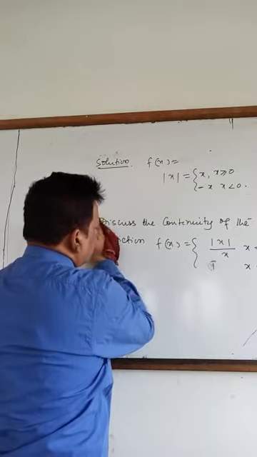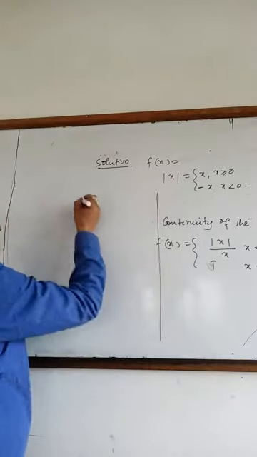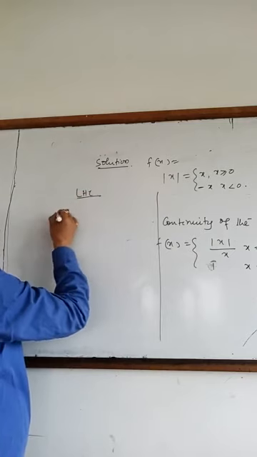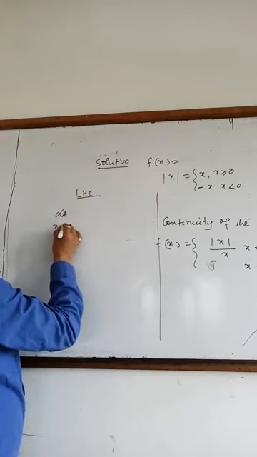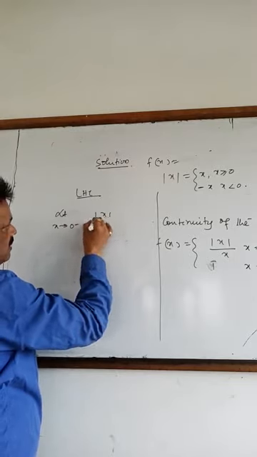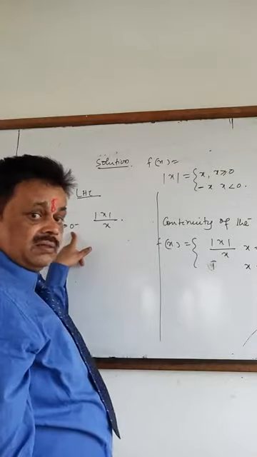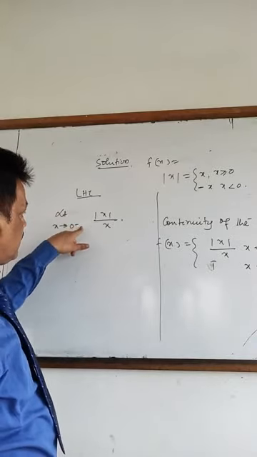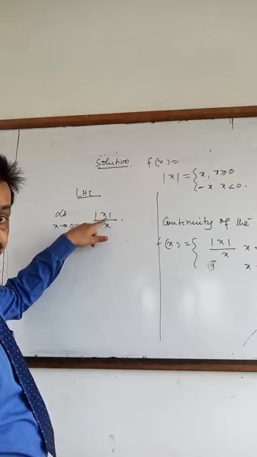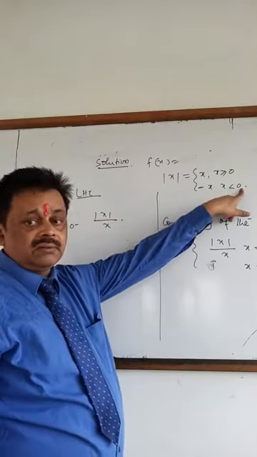Let's take the function. Now the left hand limit: x tends to 0 minus, the function is mod x by x. Limit x tends to 0 minus of mod x by x. So 0 minus means less than 0.